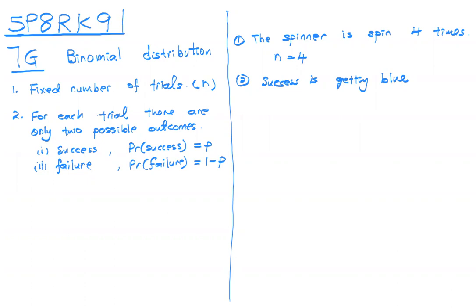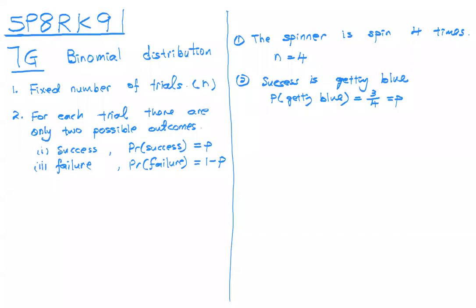So what is the probability of getting blue? In this case, 3 out of 4. That is your P. All right.